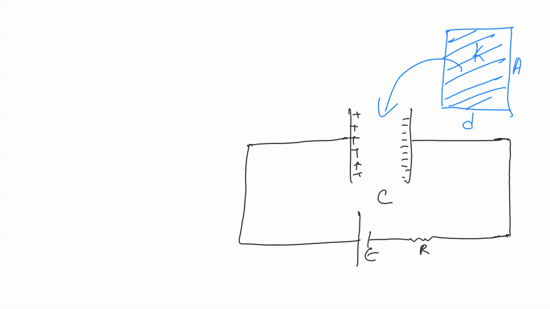How much will be the energy for it? What will be the initial energy before inserting the dielectric? Can we say half C E square is the initial energy? What will be the initial charge? It will be C into E, right?